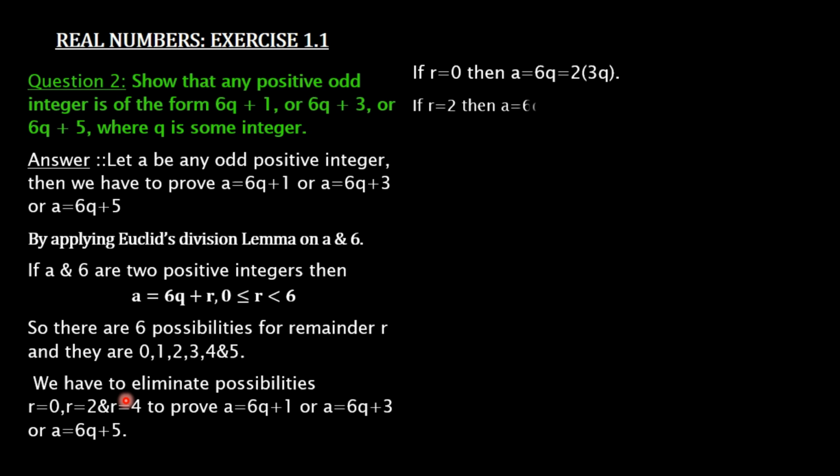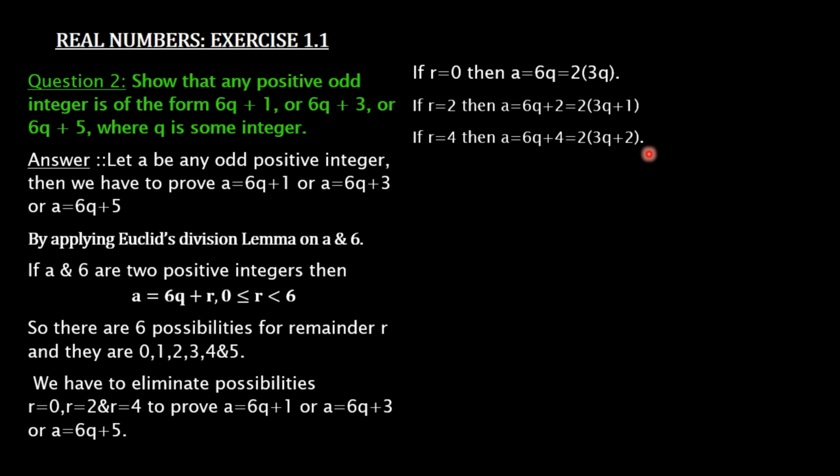Then a equal to 6q plus 2, and by taking 2 outside we will get 2 into 3q plus 1. Then when r equal to 4, a equal to 6q plus 4, and by taking 2 outside we will get 2 into 3q plus 2.